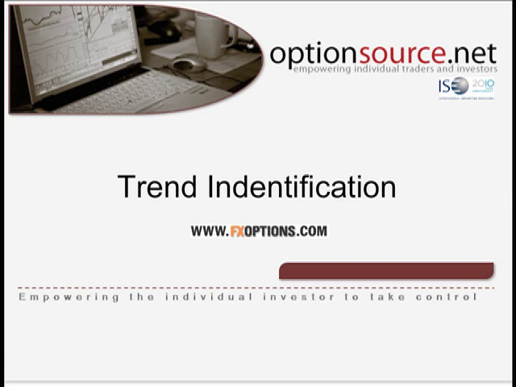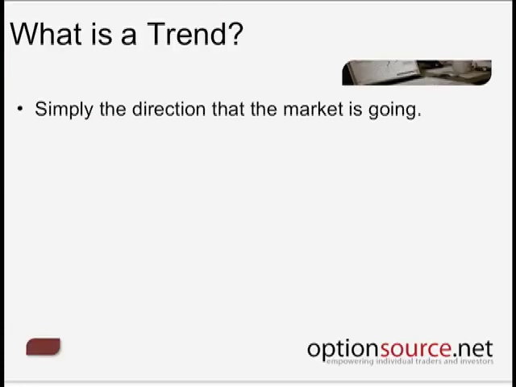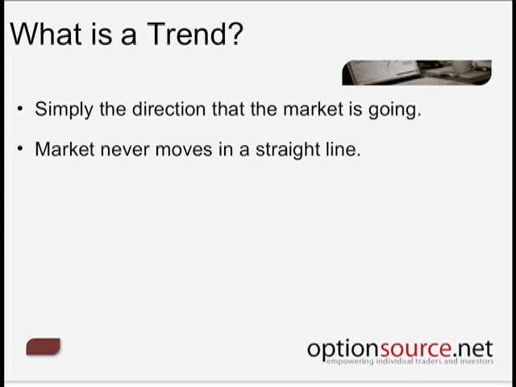So let's take a look at the simple concept of trend identification. We recognize that the definition of a trend is really simply what direction a market is going. So we can identify a trend in the equities market, in the commodities market, or in the currencies market. And what we're looking at is the fact that a market never moves in a straight line.